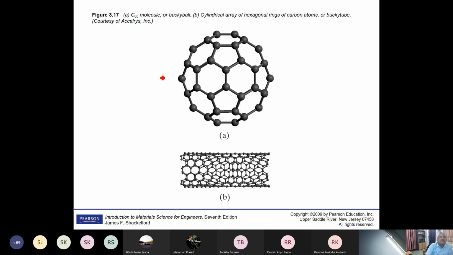The same carbon, C60 molecule, or more commonly known as buckyball. They are arranged just like a football. Hexagon and pentagon arrangement, you create a buckyball. This is another crystal structure of the same carbon atom.